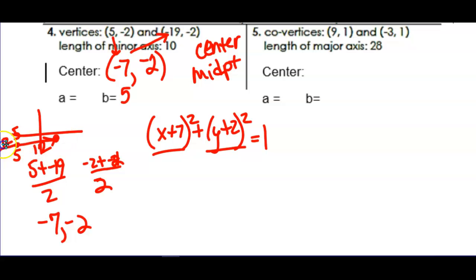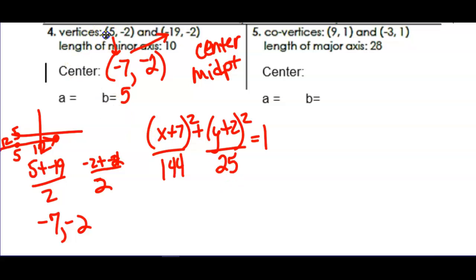So that's how I know the major axis is going across. Because these points, I should have started by plotting those points, are way far apart going in an X direction or a horizontal direction. So they were 12 units each way, and up and down was 5 units each way.